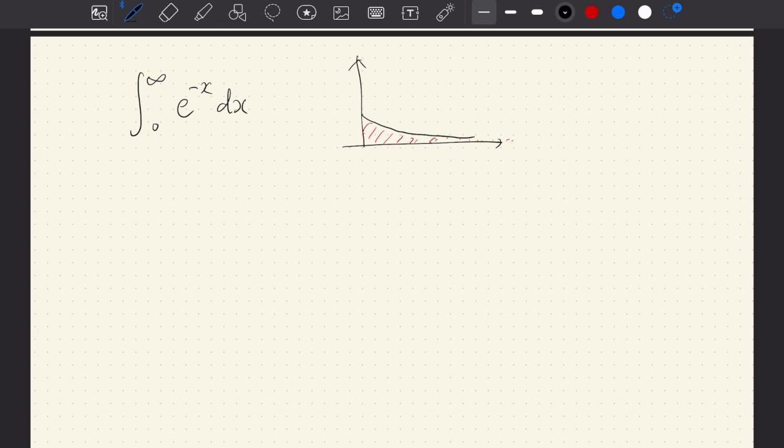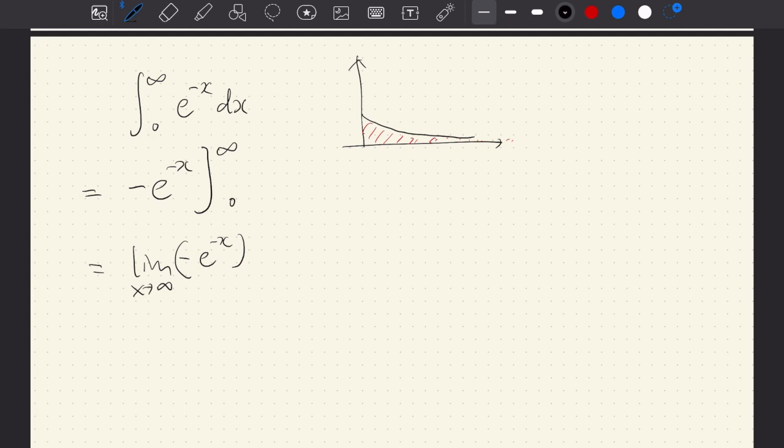So for example, for this one, you can write this is equal to negative e to the negative x from 0 to infinity, right? So now we're treating infinity as if it is a number, but it is not. For the upper limit, you can just evaluate the limit as x goes to infinity of negative e to the negative x. You can think of it as we want to evaluate negative e to the negative x at infinity.